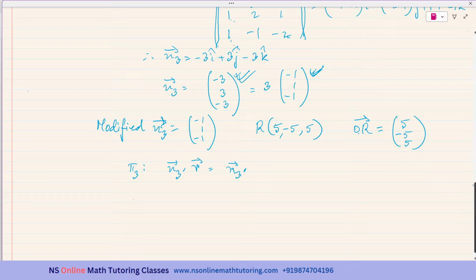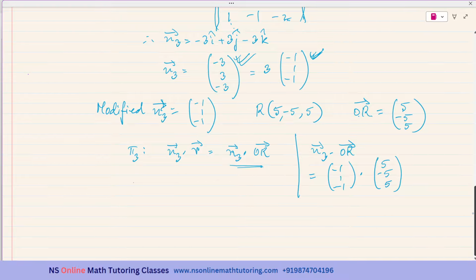So n3 dot OR. First of all, let us get this dot product. n3 dot OR is equal to negative 1, 1, negative 1 dot 5, negative 5 and 5. So this will be equal to negative 5, negative 5 and negative 5, which is equal to negative 15.